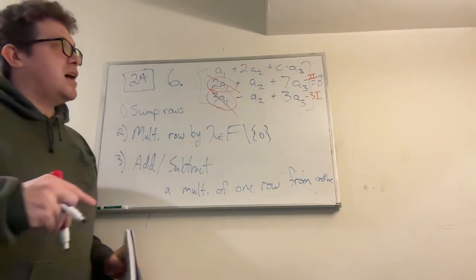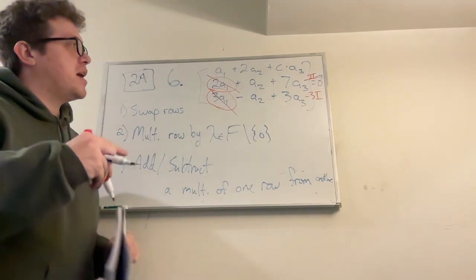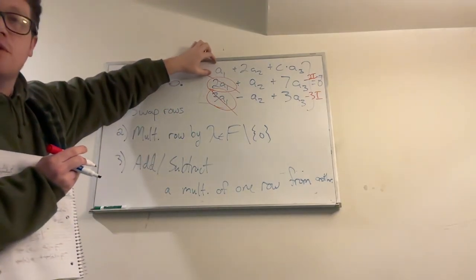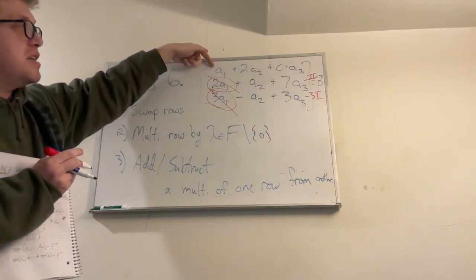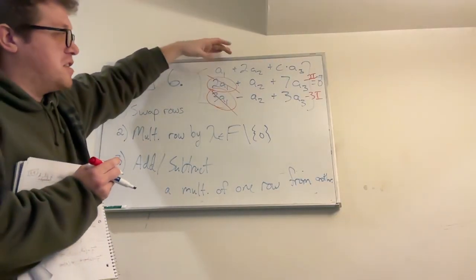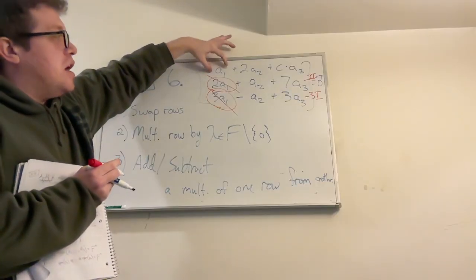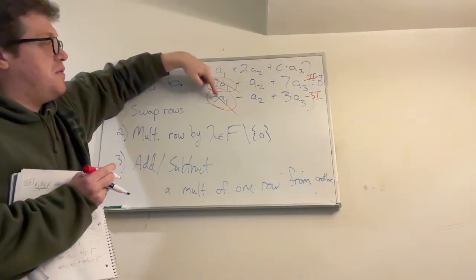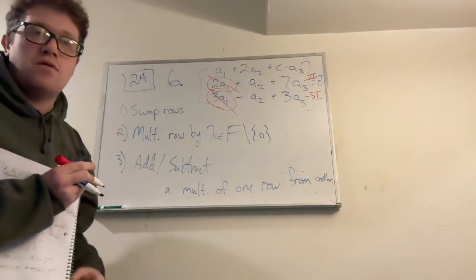So essentially, the process is you want to swap your rows until you have the leftmost variable at the top. In this case, we have variables in every row, so I really didn't need to swap. I could have just divided out, but then you get the coefficient here equal to 1, and then you subtract off all of the other variables from every other row for that particular variable.